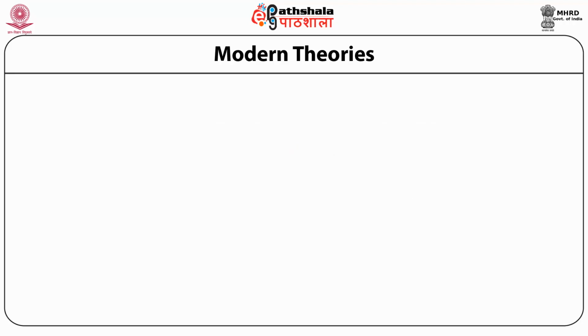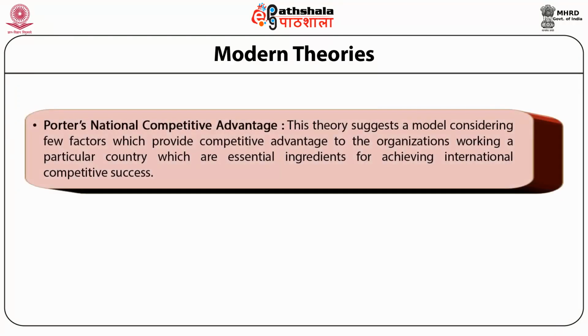Another theory, which is of very recent origin, is Porter's national competitive advantage. This theory suggests a model considering a few factors which provide competitive advantage to organizations working in a particular country, and which are essential ingredients for achieving international competitive success.